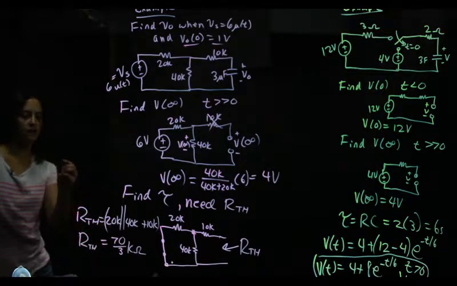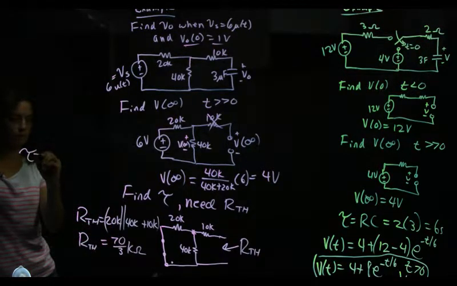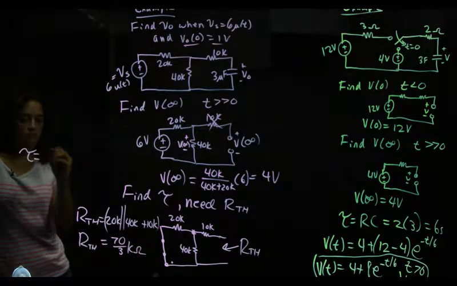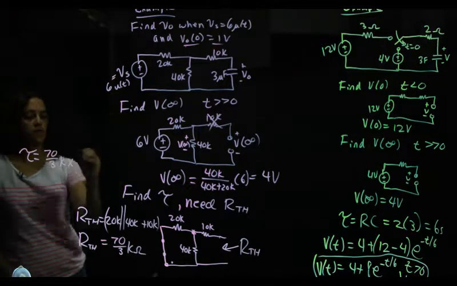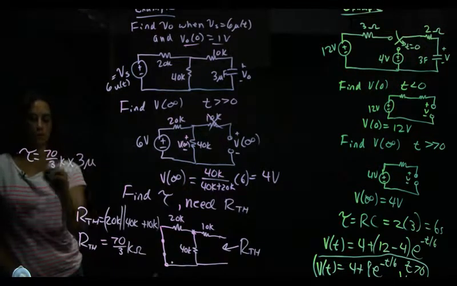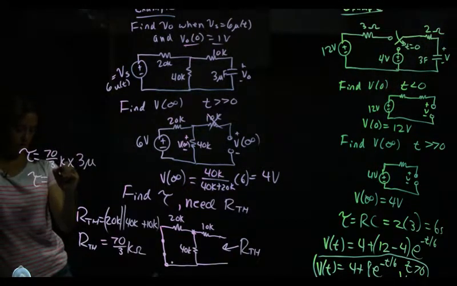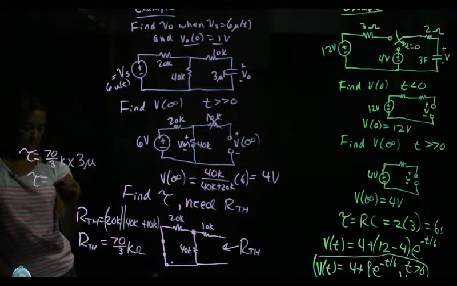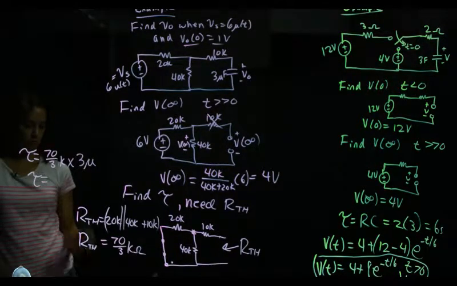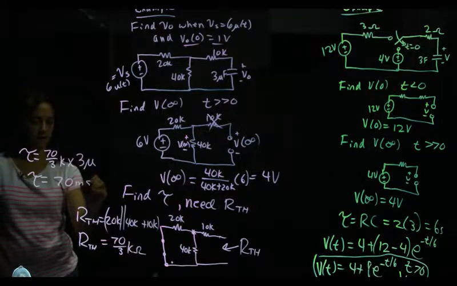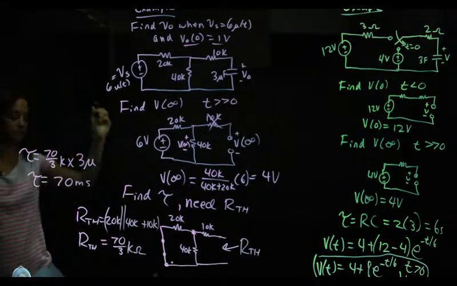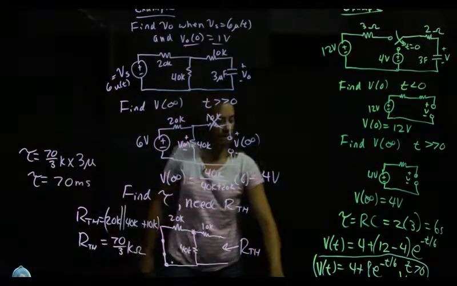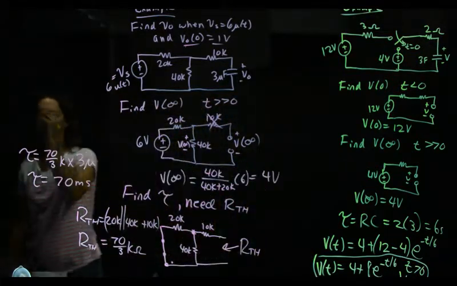So now our tau is RC, 70 over 3K. Our capacitor is 3 micro, so we get a tau that's equal to, let's see, 70 milliseconds. Now just plug it all into your v equation. I'm going to switch markers just because it's getting a little cluttered over here.